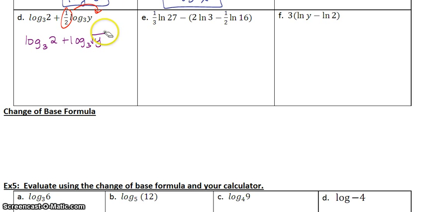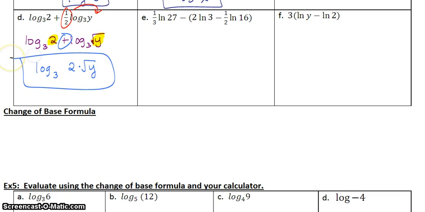So let me say that again. So I had a 1/2 exponent there, but a 1/2 exponent is the same thing as a square root. So I've just converted it to square root of y there, and I just have a plus sign this time. So nothing too fancy is going on. If it's just a plus sign, use your product property. It's going to be 2 times square root of y when I combine my two pieces, and log base 3 is the log part of it.